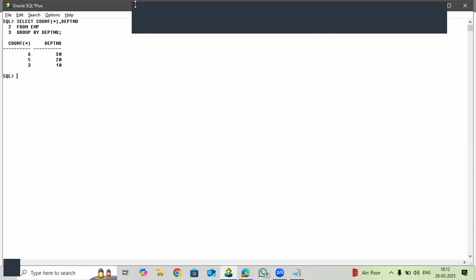Whenever you find the word each, whatever column name is specified along with it, the same column name should be specified in both the select clause and the group by clause. I'll explain how this has come.